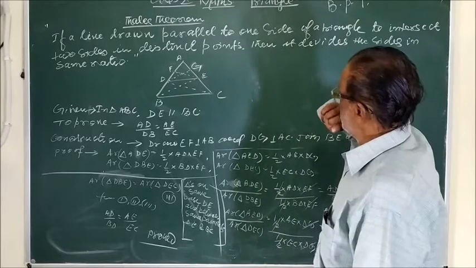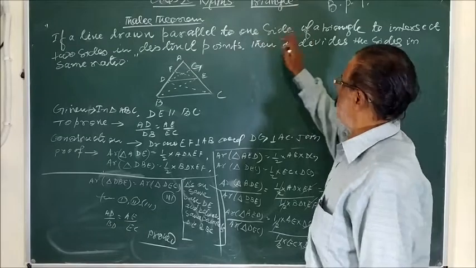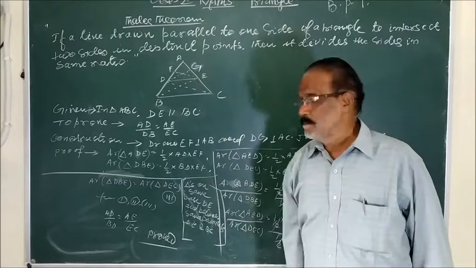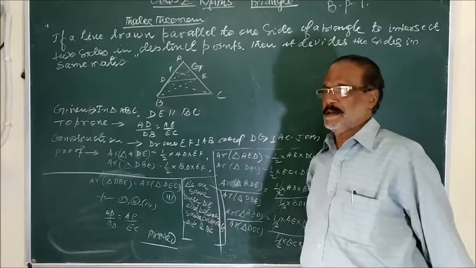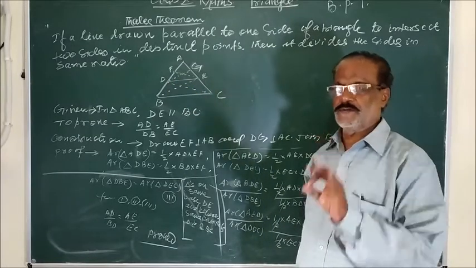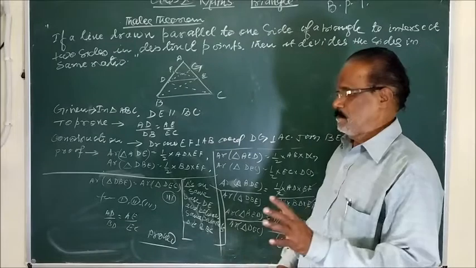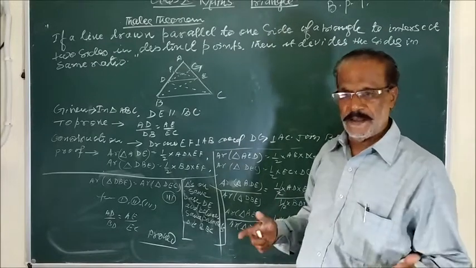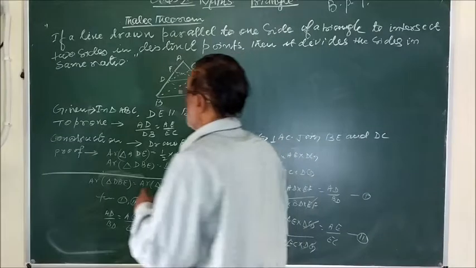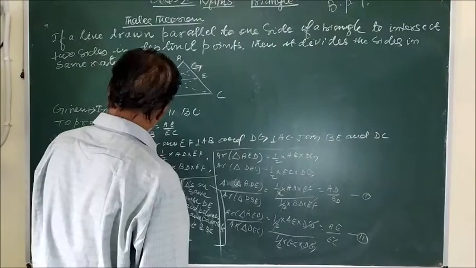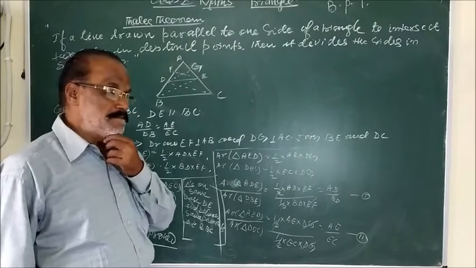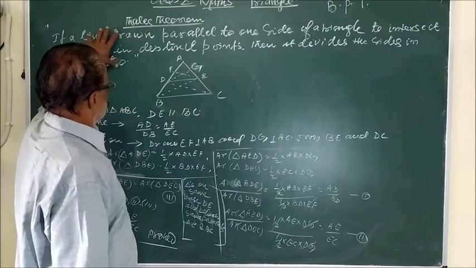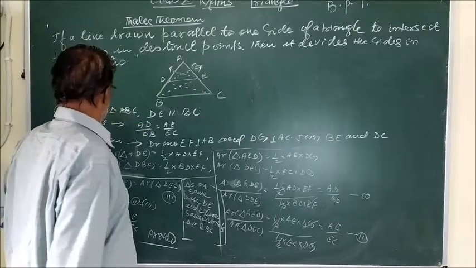What is the statement? If a line is drawn parallel to one side of a triangle and it intersects the other two sides, then it divides these two sides in the same ratio. This is known as Thales theorem. In geometry, you know how you can describe a theorem. According to the theorem, we draw the figure.